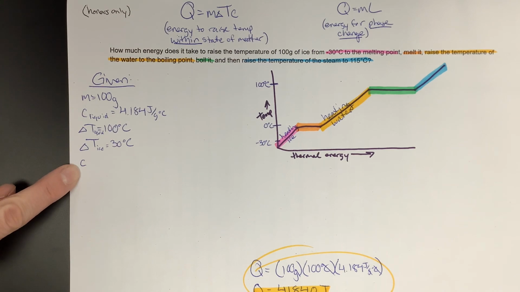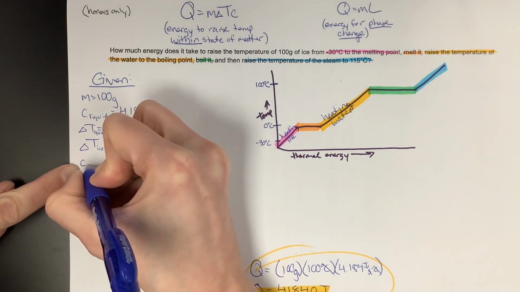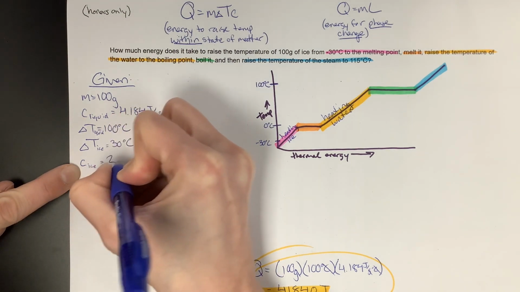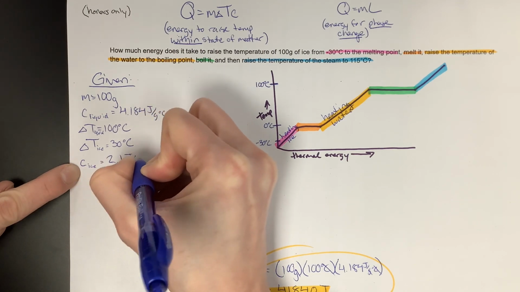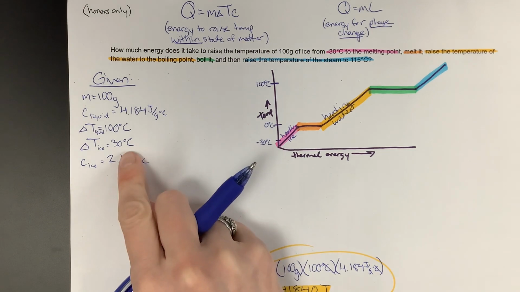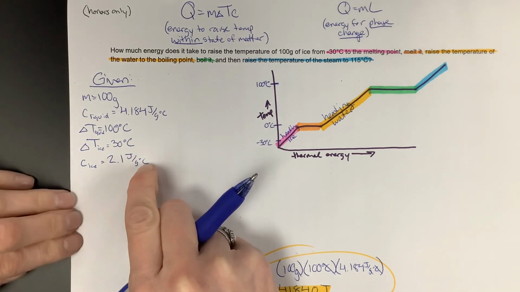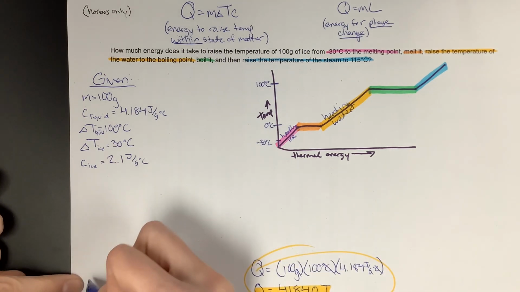The specific heat capacity for solid water is different. The specific heat capacity for ice is 2.1 joules per gram degrees Celsius. That means it takes 2.1 joules to heat 1 gram of ice by 1 degree Celsius. So let's do that.